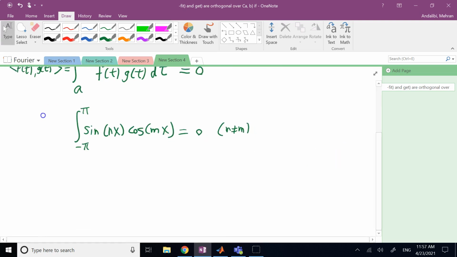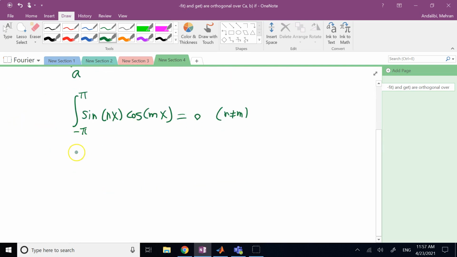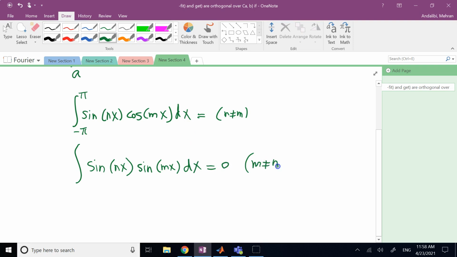And not only that, the same thing holds for the sine function itself. So you go sine of nx times sine of mx dx. By the way, here I have a dx term, so let me fix it. This is also 0 if m and n are not equal.